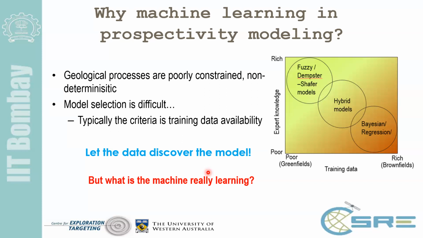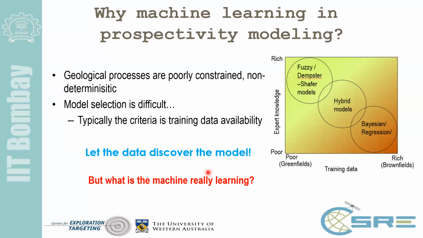We try to find the analogs of already existing deposits. On the other hand, we could be in a greenfields area where we don't have any existing deposits. So we have to start using some expert knowledge, try to give weightages to our different input GIS layers, and then combine them and generate targets.